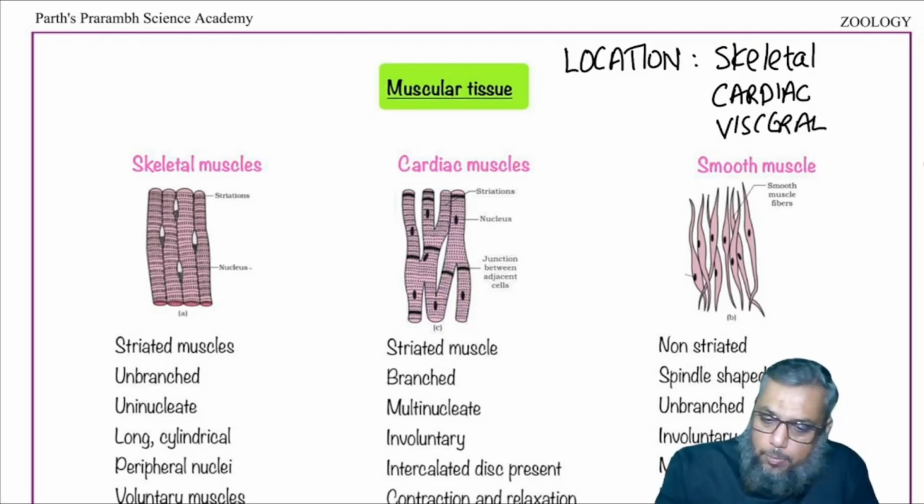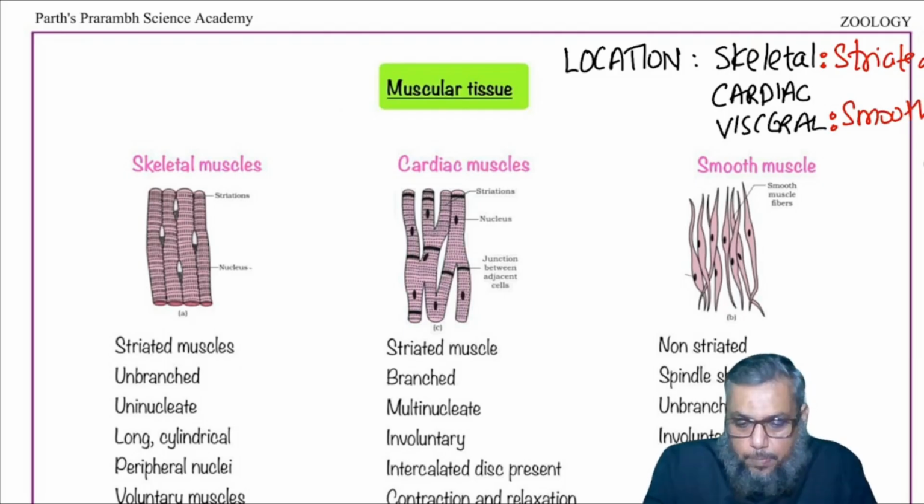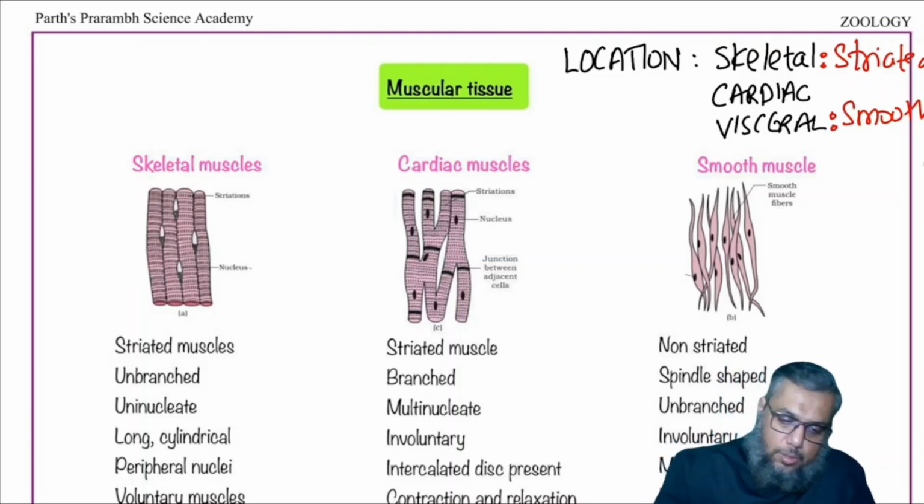And depending upon their appearance, the skeletal is called as striated, and the visceral is called smooth. Depending upon the appearance, even the cardiac has got striations.